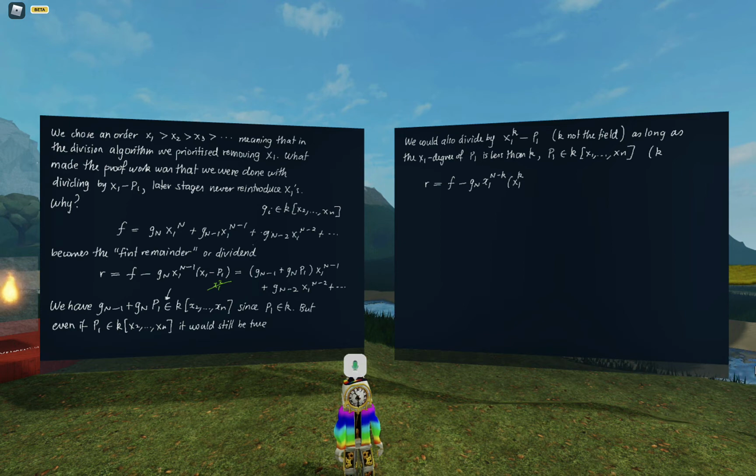To assume that's less than or equal to n. And when I do that subtraction, I'll get the same thing that I got before. P1.